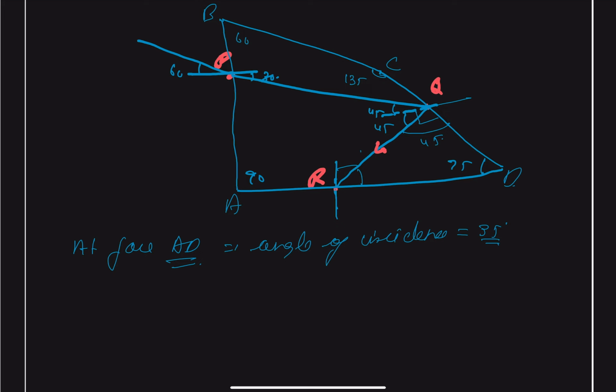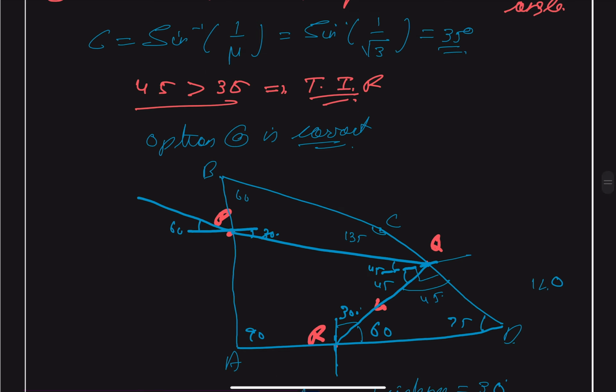Okay, and if this is 45, this will be coming as 120, so this angle will be 60. If this angle is 60, then we are going to get this angle as 30. Now it's the correct one. So we can say the angle of incidence is 30.